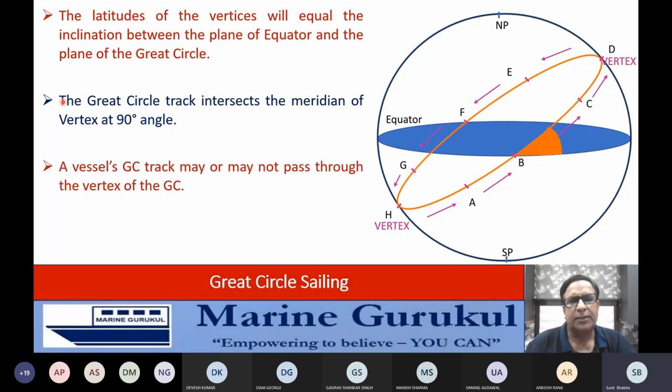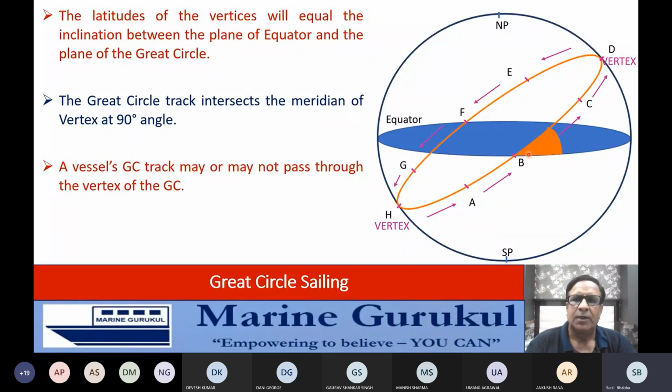A vessel's track may or may not pass through the vertex of the great circle. Of course, the entire great circle has only two vertices. We may be traveling only over a part of the great circle track. So it may include the vertex or it may not include the vertex.